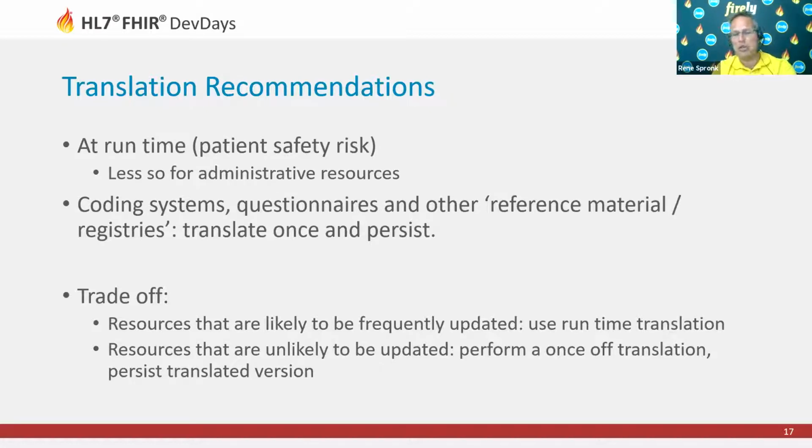But resources that are very stable, that are unlikely to ever be updated, it may be much better to perform a once-off translation and persist the translated version. And if somebody asks for the Russian or the Swedish or whatever language version, you just return that particular language-specific resource from cache or something. Well, effectively it will appear to come from cache.